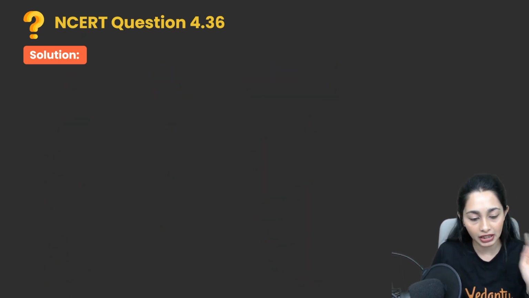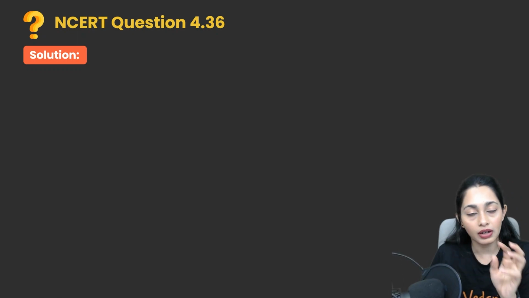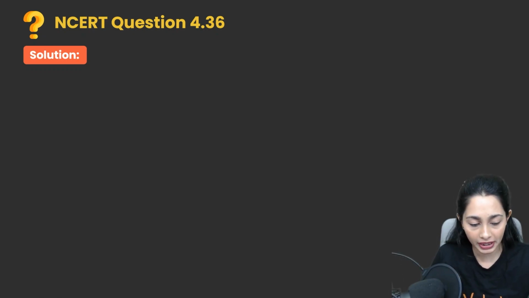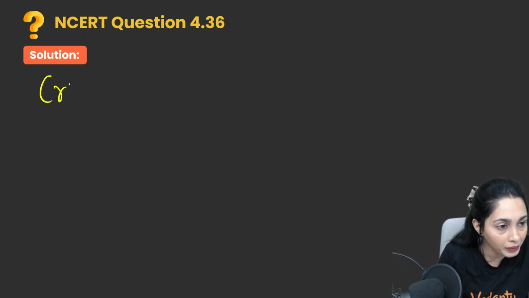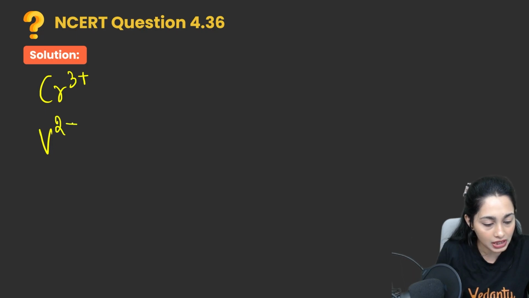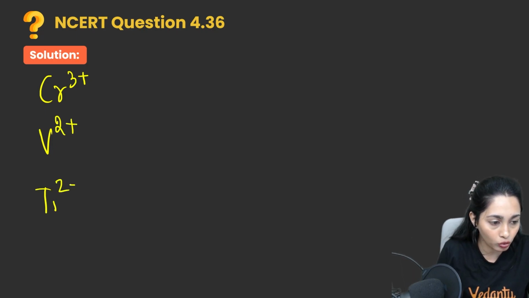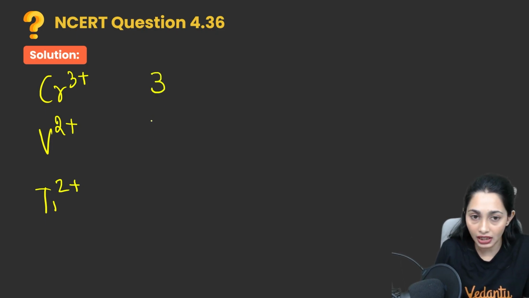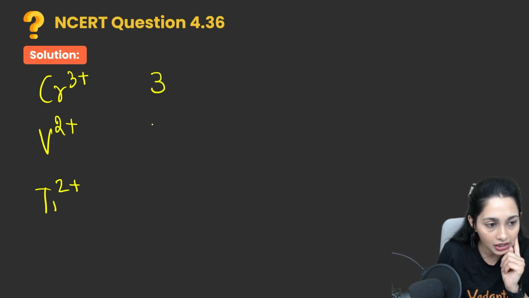Let's move on to the next page. Same thing here: metal ion, the number of electrons in the d orbital and the filling of d orbitals. We are left with chromium 3 plus, vanadium 2 plus, and titanium 2 plus. Chromium has 3 electrons in the d orbital, vanadium 2 plus has 3, and titanium has 2.